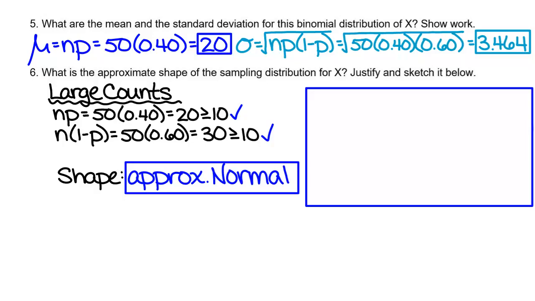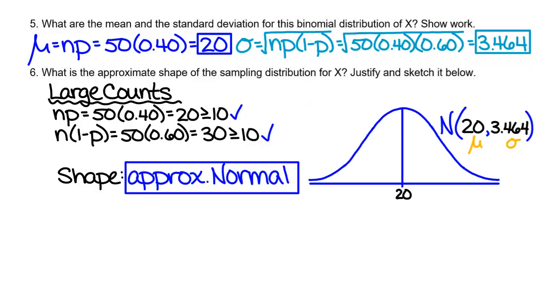So this right here would be our justification, and then it said we need to sketch it also. What pieces of information does my sketch have to have? Needs to have the mean and standard deviation. What letter do you have to make sure to include? N. So your sketch should look something like this.